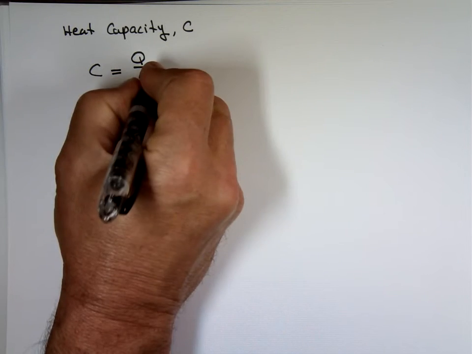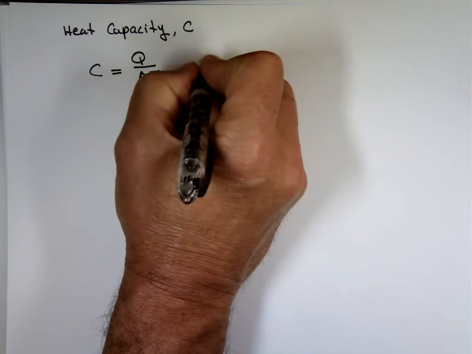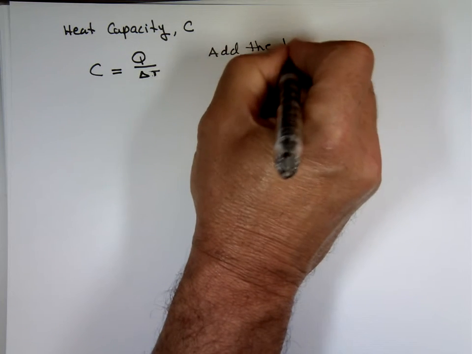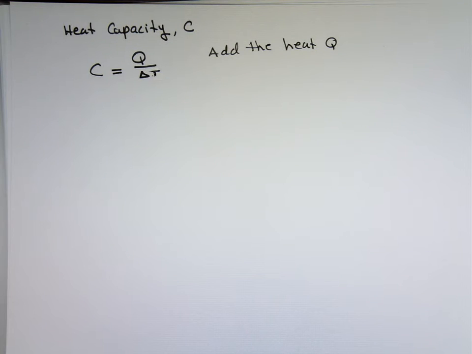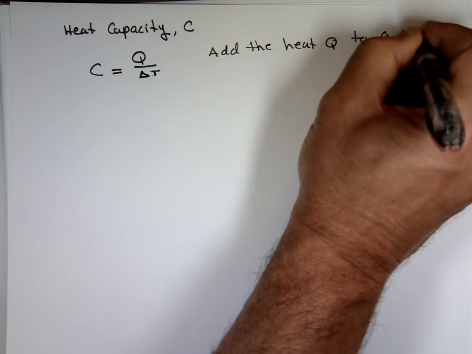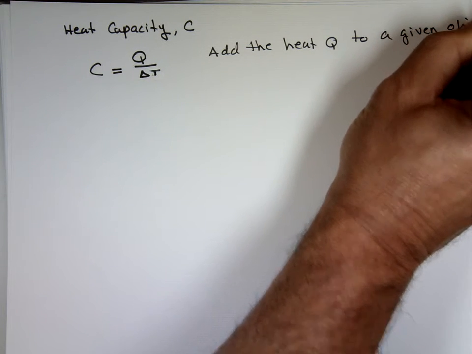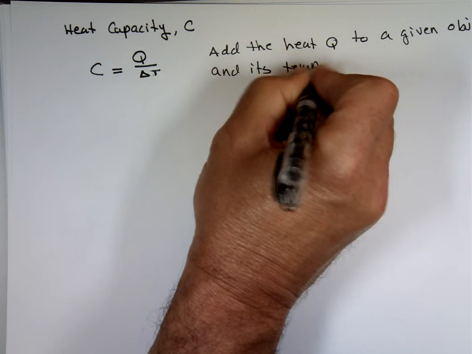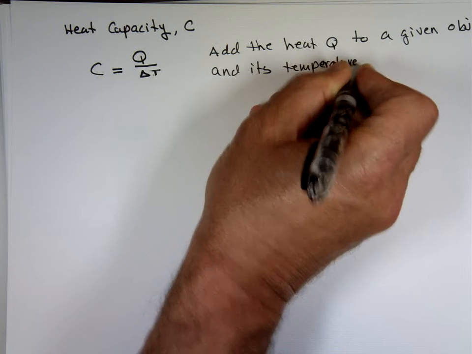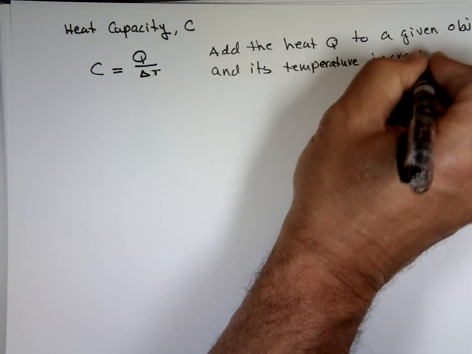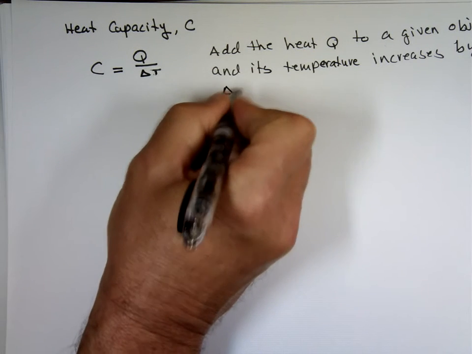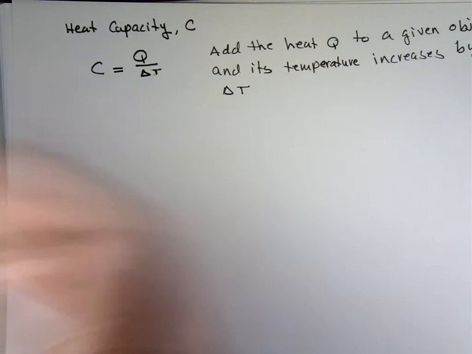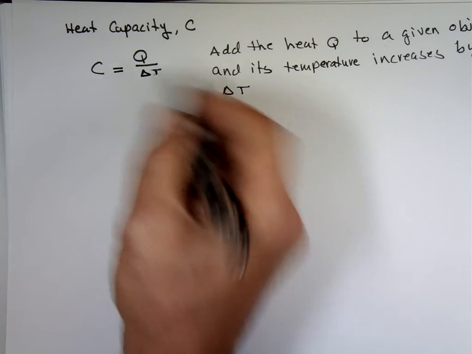So here we go. We define heat capacity. I can go to the lab. It says add the heat Q to a given object and its temperature increases by delta T. So if I know how much heat I'm adding, and I know what the change in temperature is, you divide the two numbers, that's your heat capacity.